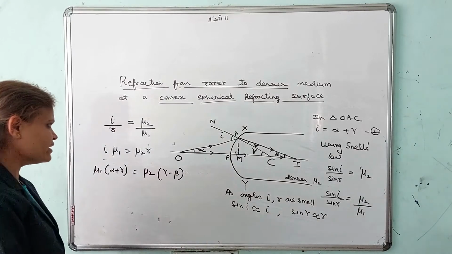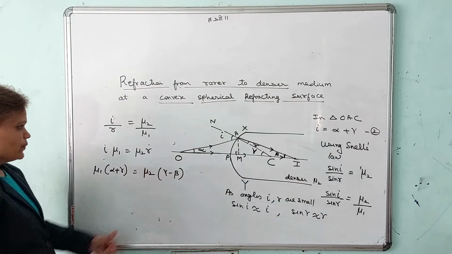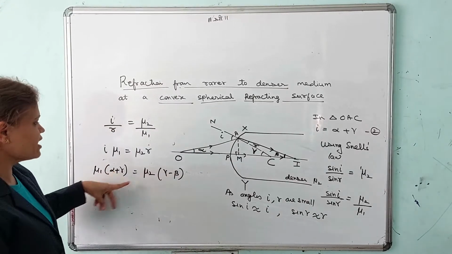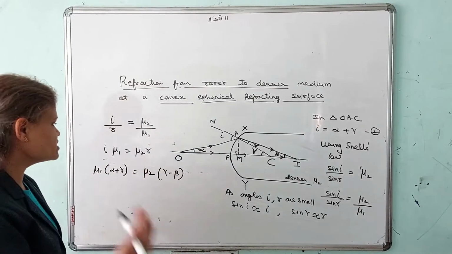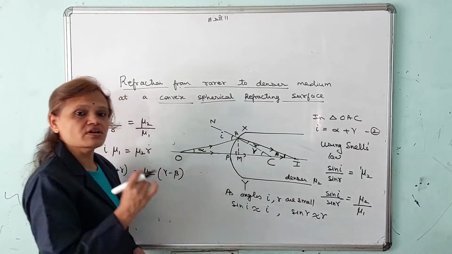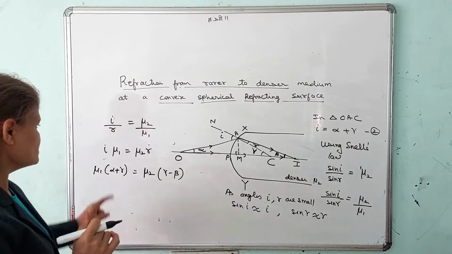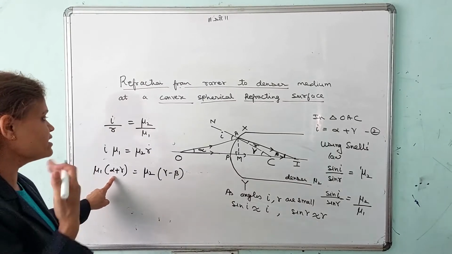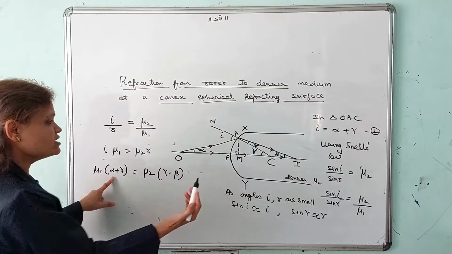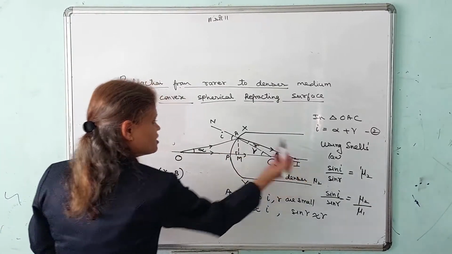Now one more thing that we are going to use here: again the angles are small, so we can consider alpha, beta and gamma as tan alpha, tan beta and tan gamma, and we can consider the triangle and use the formula for tan. So alpha can be considered as tan alpha, and see this triangle OAM, these are all right angle triangles, AMC, AMI.